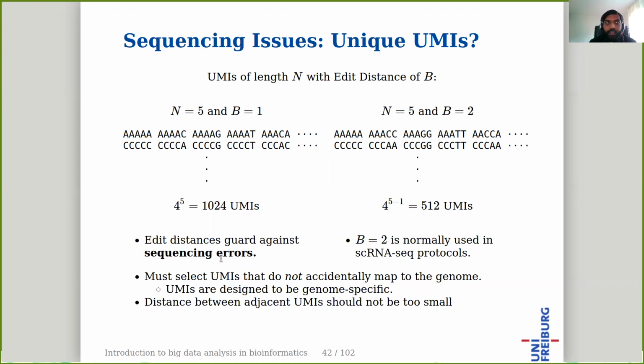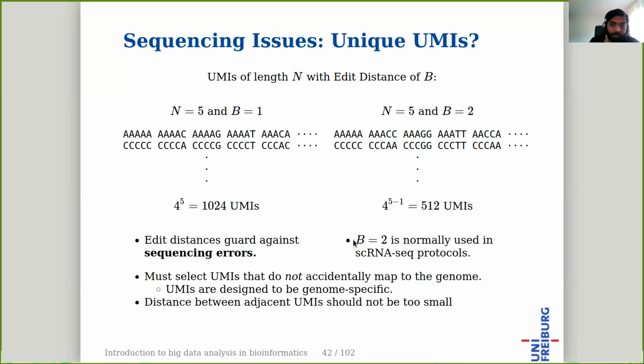Then you're mapping your read to a different position than what you actually wanted to. That's why these UMIs should be really unique, and they should not be accidentally mapped to the genome that you're sequencing from. And that's why these UMIs are designed to be genome specific. So you see a different set of UMIs for human than mouse, for example.